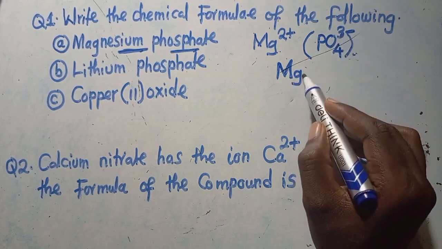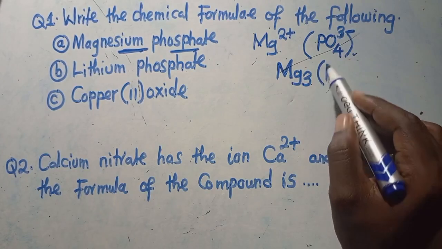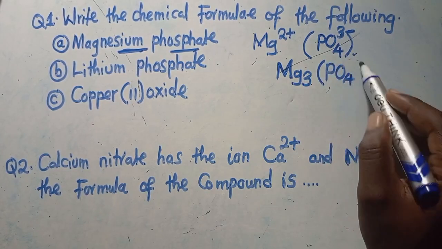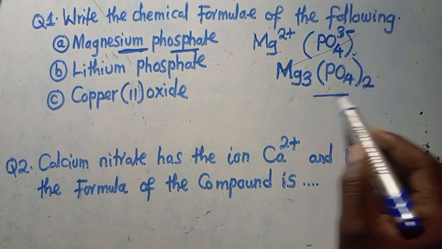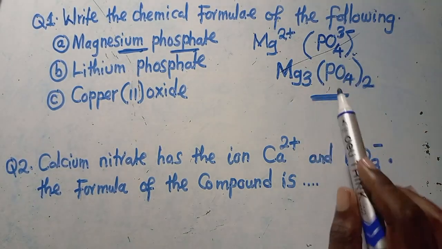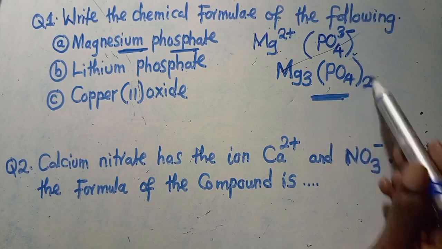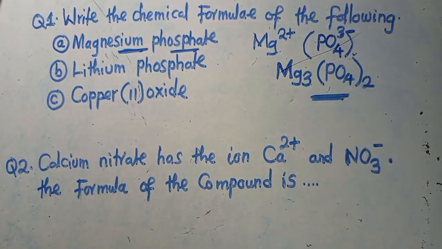Then that 3 comes here like this. And then I put this thing which is in brackets like this. Then that 2 will be here. So this is what we write when we say magnesium phosphate. This is what you are supposed to do.